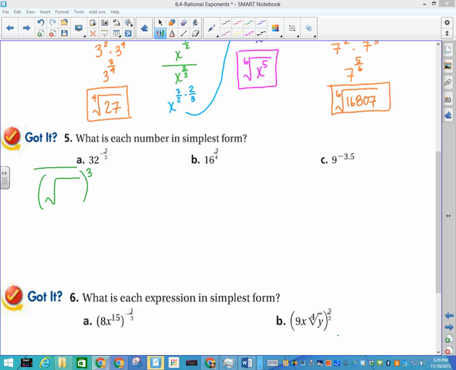Again, that negative, put it in the bottom and make it positive. So my 3 is the exponent, my negative made me put this in the denominator, 32, and the 5 is my index. So as I'm looking at that, that's 1 over the 5th root of 32. That is 2. So 1 over 2 to the 3rd gives me an answer of 1/8.